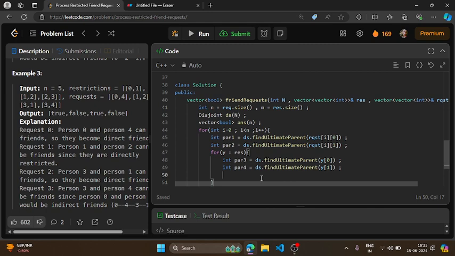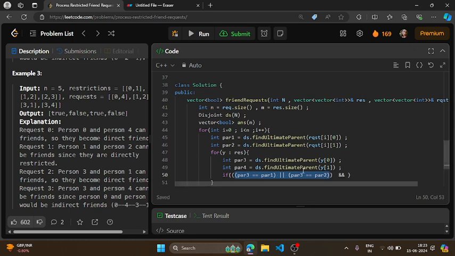Now what I have to check is whether they match their corresponding parents, like if parent 3 is equal to parent 1 or parent 3 is equal to parent 2. Any of the conditions should match, and let me just cover it in brackets.